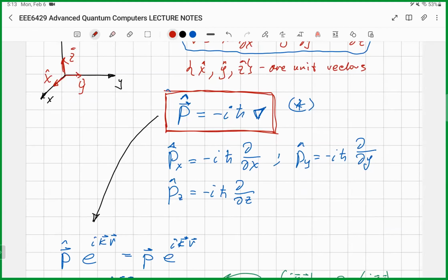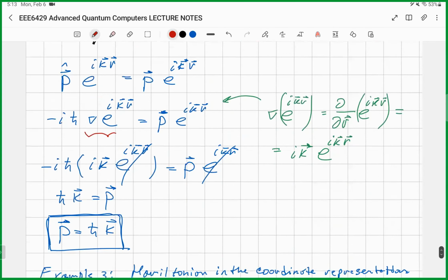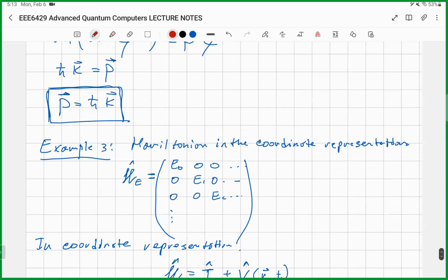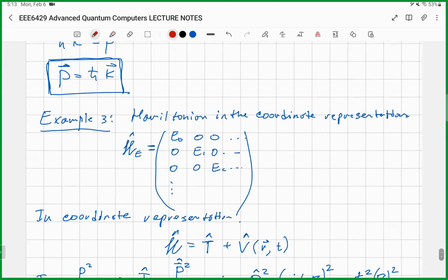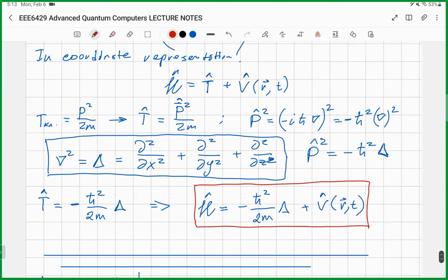So it is minus i h bar nabla, and nabla is the vector operator, basically the sum over the partial derivatives. And we stopped at this point. We discussed the Hamiltonian of any system in a coordinate representation. And we said that this Hamiltonian consists of two parts, basically the operator of kinetic energy and the operator of potential energy.